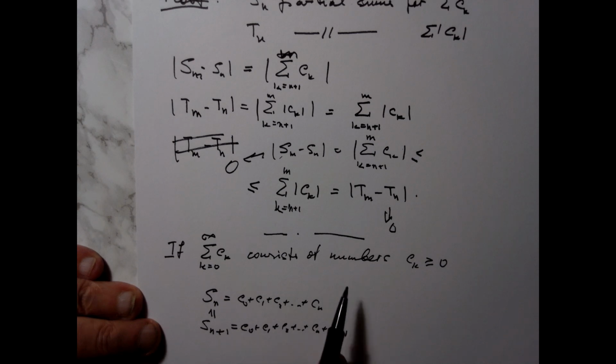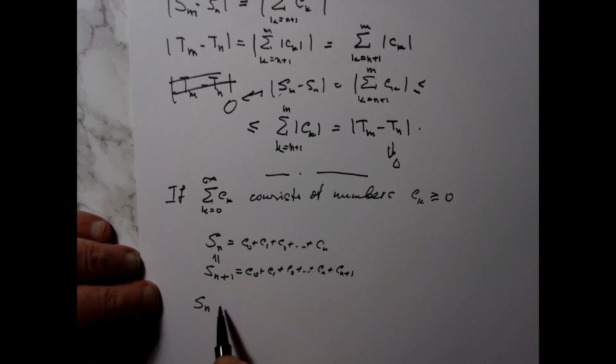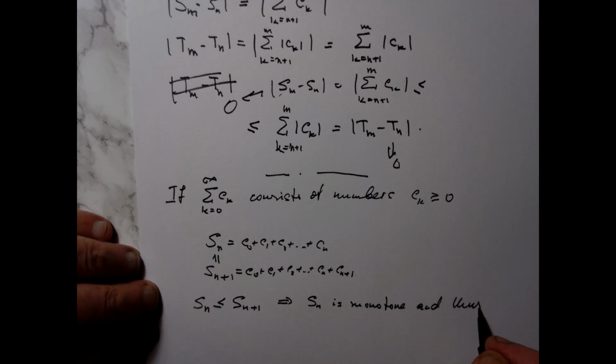In other words, in this case, when our series consists of positive numbers, the sequence of partial sums has the property that Sn is less or equal than Sn plus 1. In other words, this sequence Sn is monotone, and thus, by the theorem from the previous section, converges if and only if it is bounded.